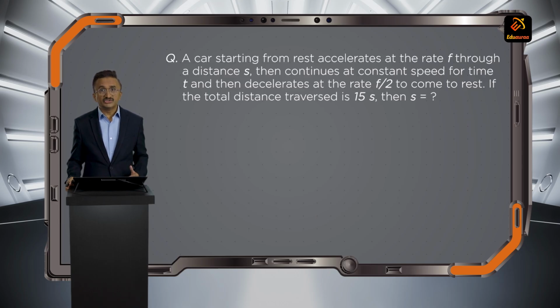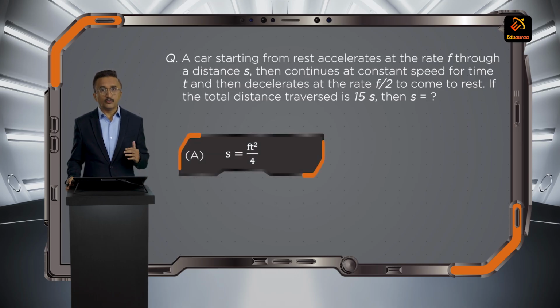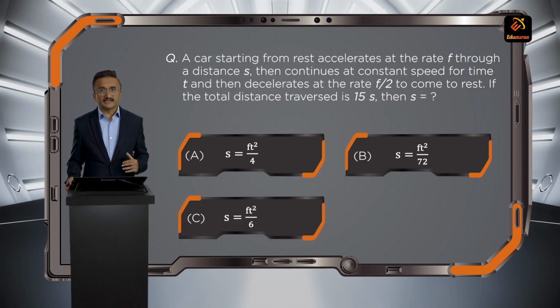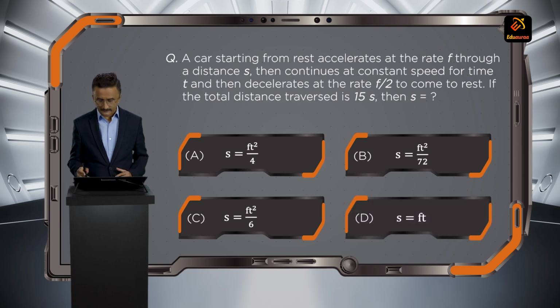If the total distance traveled is 15s, then s is equal to, and the options are option A, s is equal to 1 by 4 ft square, option B, s is equal to 1 by 72 ft square, option C, s is equal to 1 by 6 ft square, and option D, s is equal to ft.